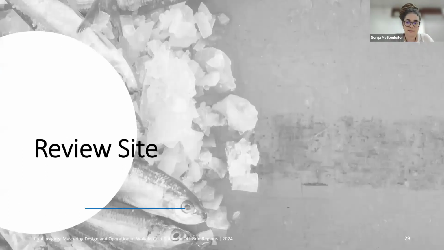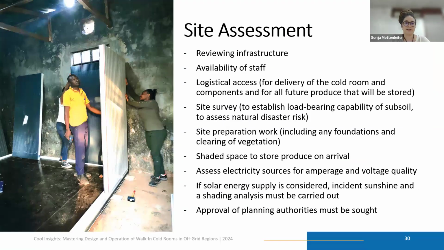Next slide, please. So let's look at the site assessment that needs to be done before bringing in a cold room. First of all, it is important to review what infrastructure is there on the ground. Is there even staff available to operate and run the cold room? Are they properly trained as well?